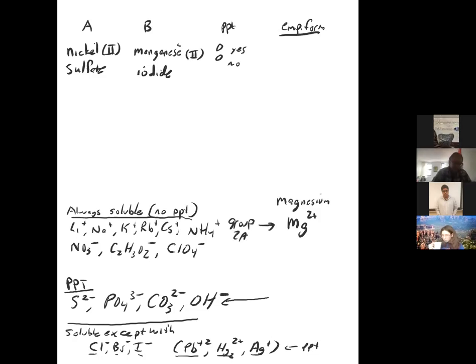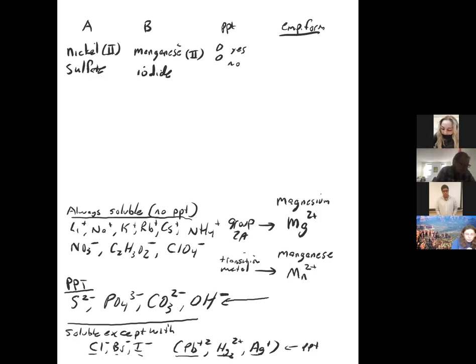Magnesium. That's what you need in your diet, right? The other element that sounds the same is manganese, and this is Mn. This is a transition metal. So be careful about that because they're different metals and they have different solubility properties, okay?